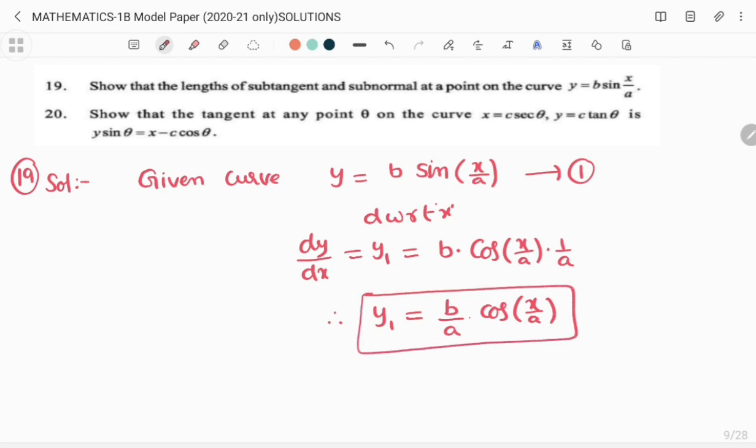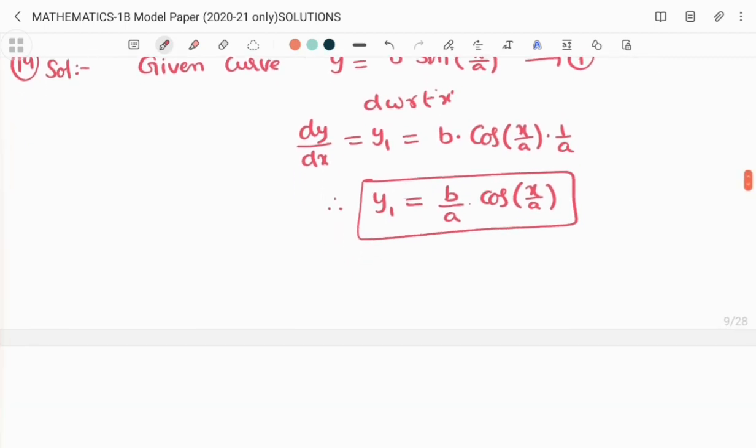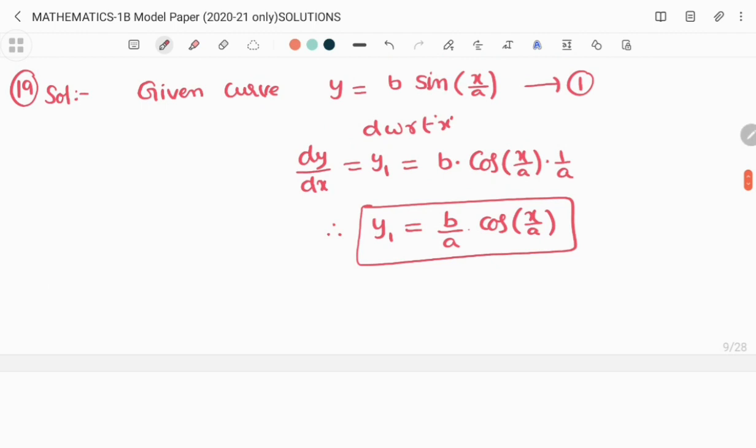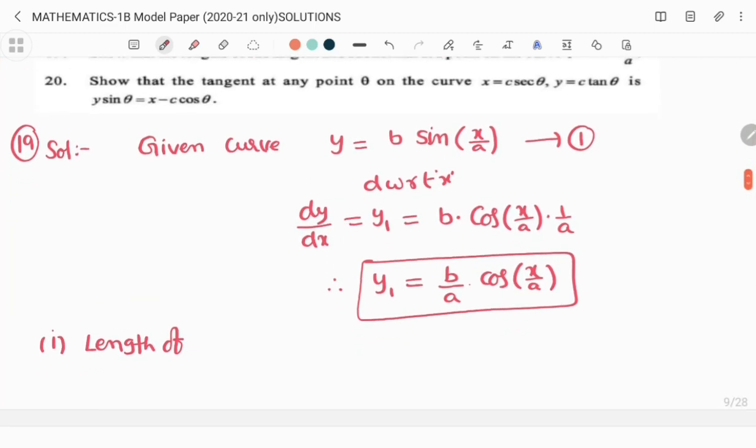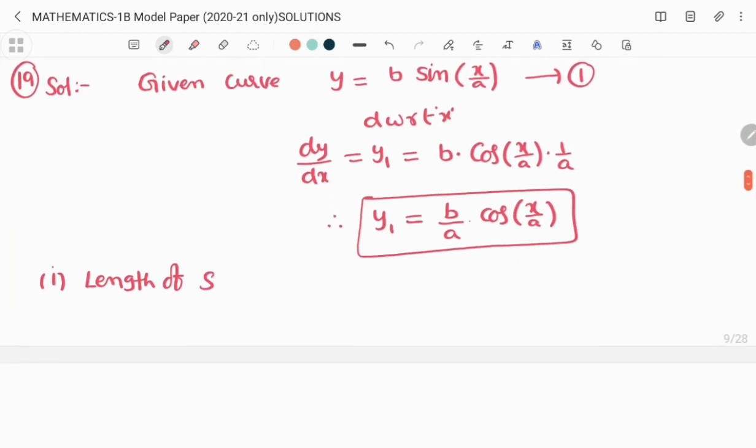They are asking to calculate length of subtangent and length of subnormal. First write formulas. Length of subtangent, simply we can write as LST. The formula for length of subtangent is mod y by y1. So which is equal to mod y value.